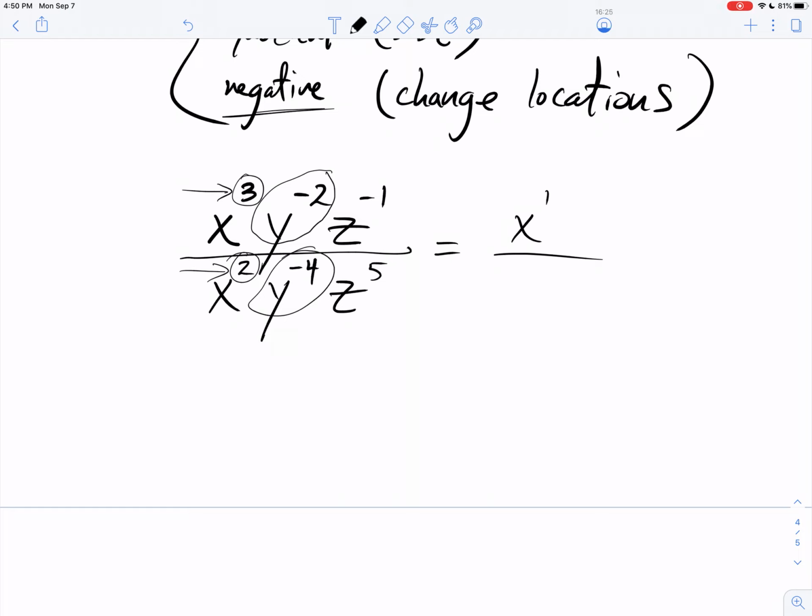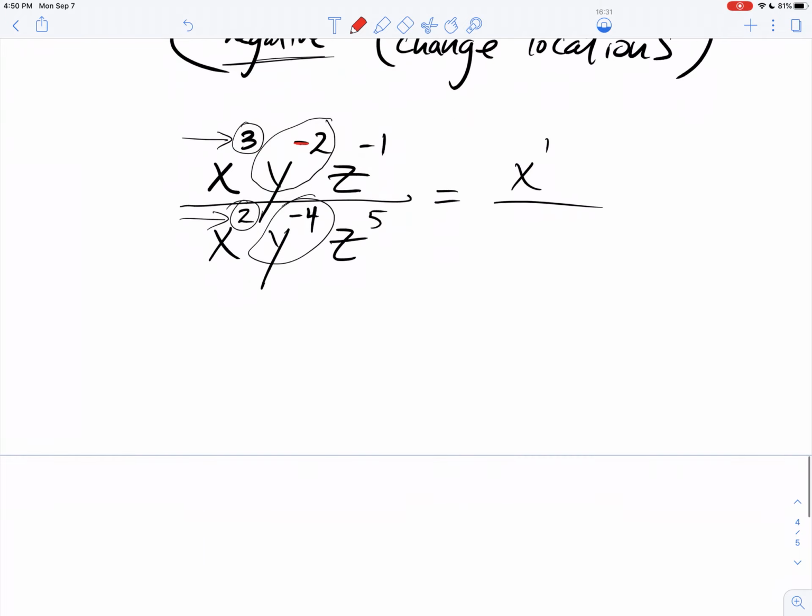I'm going to use a different color here. If I let this negative do its job, it's going to send this guy to the bottom, and down over here, it's going to send this guy to the top. That would mean y to the fourth is now in the numerator, y to the second is now in the denominator, and once you relocate, this is the part you got to pay attention to. Once you relocate, the negative has done its job, and there is no more negative there.